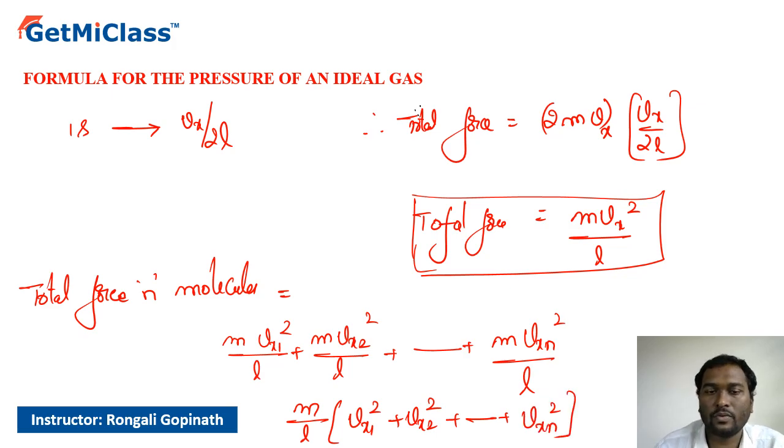We have to do a little bit of manipulation over here that we will do now. Remember, this is the total force by all the n molecules acting along the x direction.